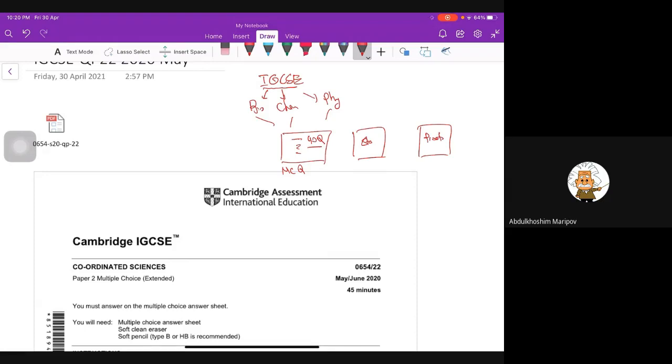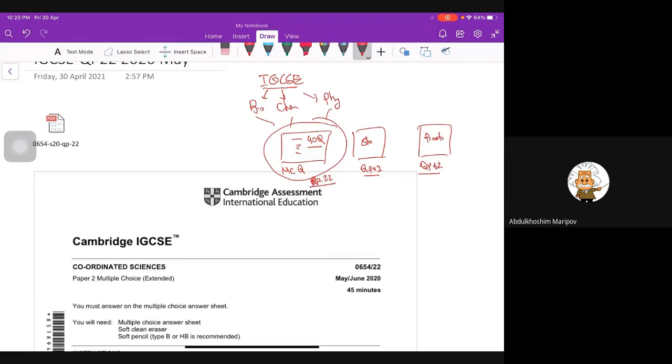But for now, let's talk about MCQ only, okay? So this paper is MCQ. MCQ is question paper 22 for our school, and question paper 42 for the structure one, and question paper 62 for the experiment part.